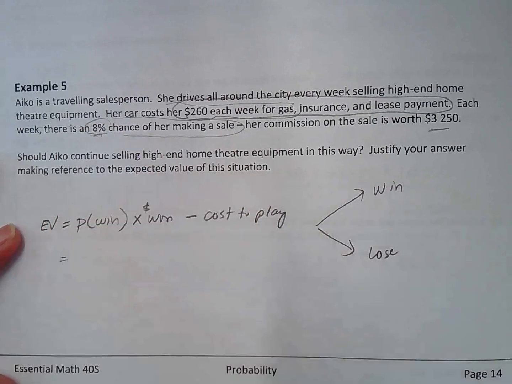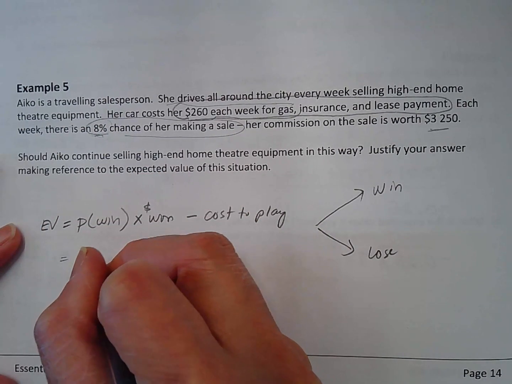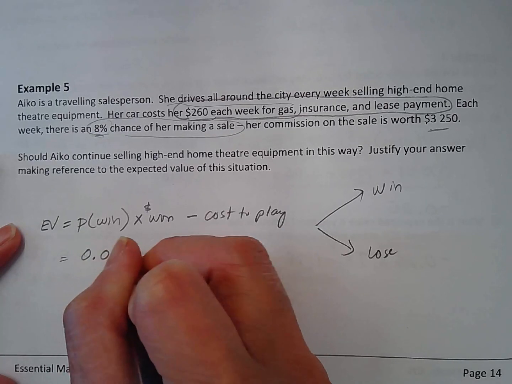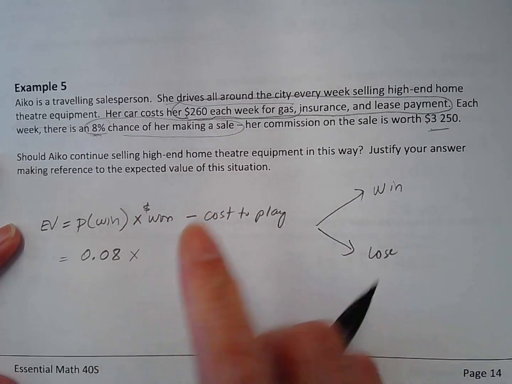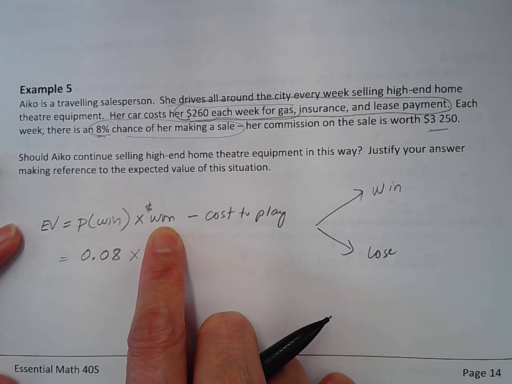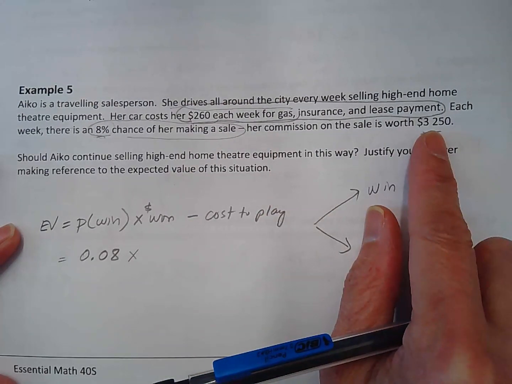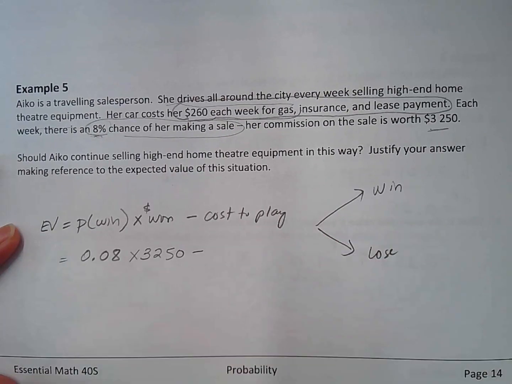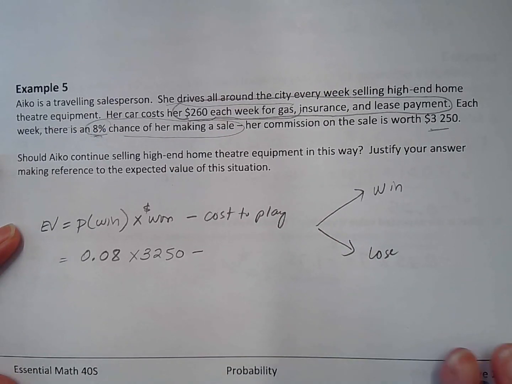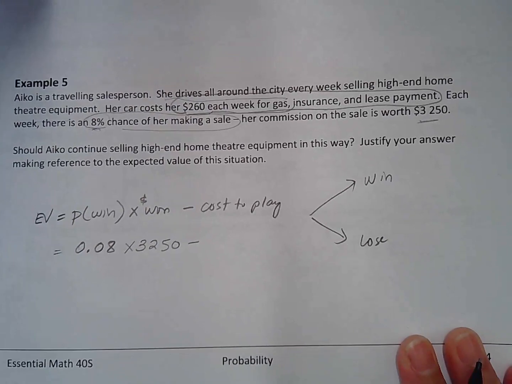Every time you see a percent, we change it into a decimal, right? So 8% is 0.08, right? 8% means 8 divided by 100, times how much money she's gonna make. Okay. Her commission is gonna be worth $3,250. That's how much she's gonna get or win if she gets a sale.